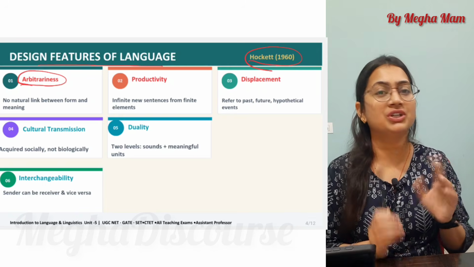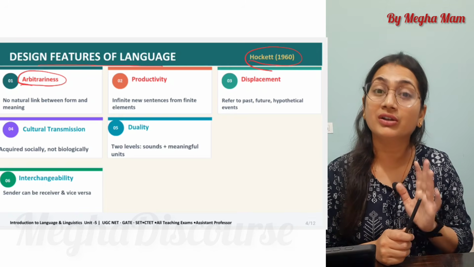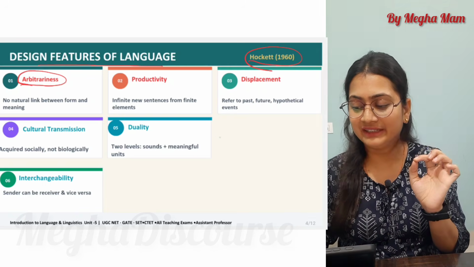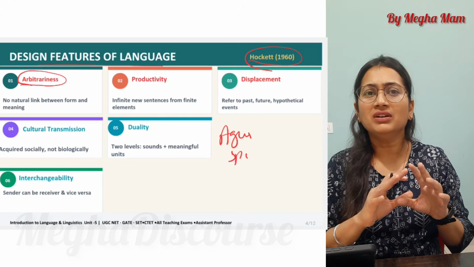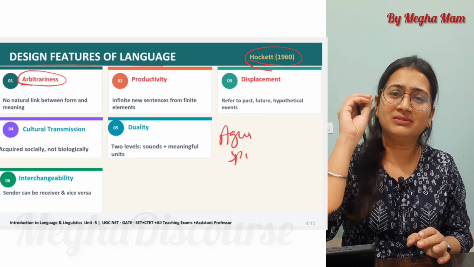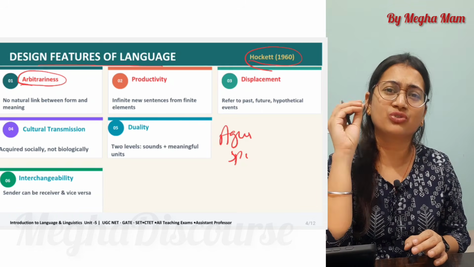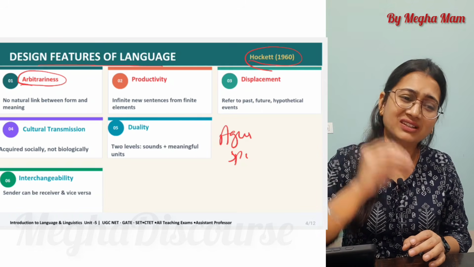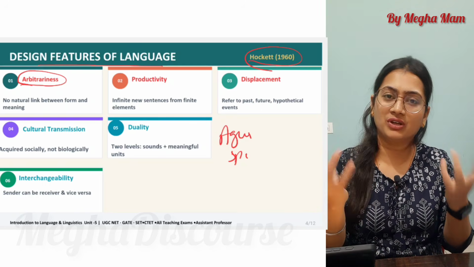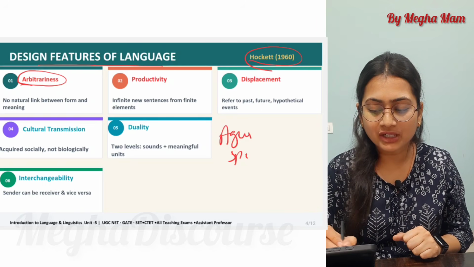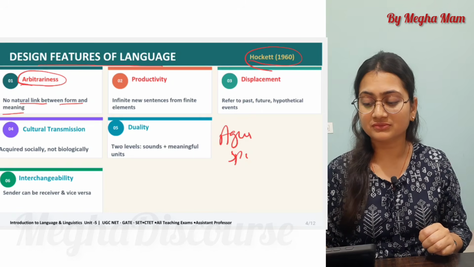But in a different language, it is called by another name. Like for water, we use agua, A-G-U-A, in Spanish. So they have different names. So it is not according to any rule or any structure. There is no dictionary that says we have to pick this name for the particular feature. So there is no link. That is called arbitrariness. Okay, that is no natural link between form and its meaning.